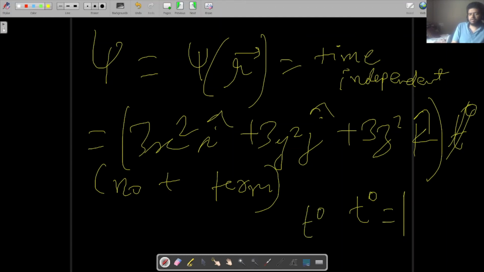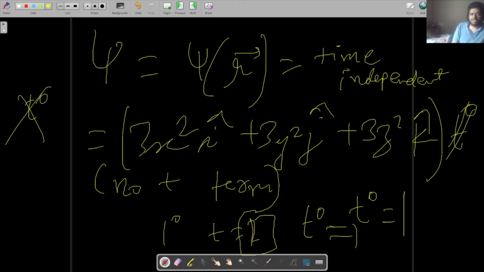In t to the power 0, whatever you put doesn't matter. t equal to 2, t equal to 3, like that. 1 will not be allowed, as 1 to the power 0 is not defined. So time to the power 0 can be considered, or the time term is itself absent. So it is time independent basically.